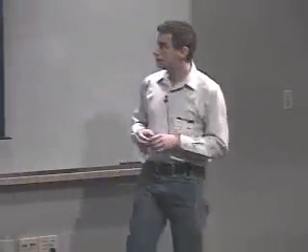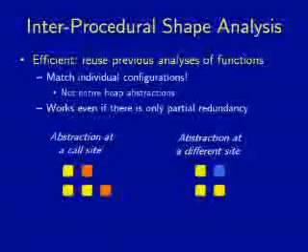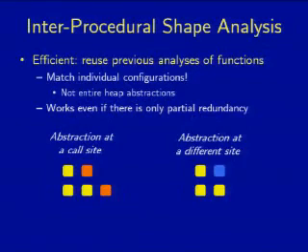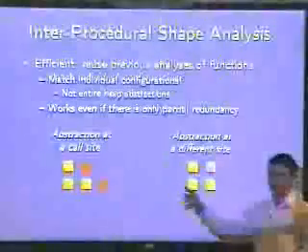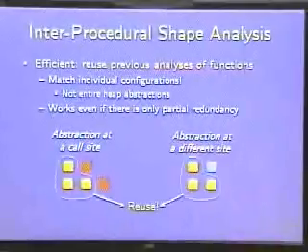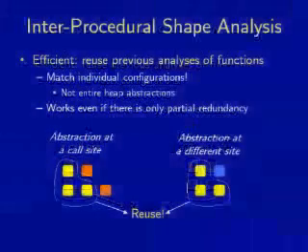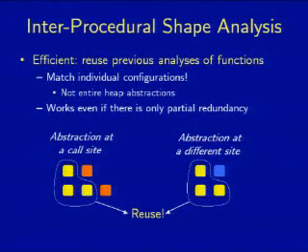Moreover, this works also if you have just partial redundancy. So assume that I have a call site where I have here 5 locations on the left, and I run into another call site that has 4 locations. And let's say that I manage to map 3 of them, these ones shown here in yellow, with ones from the previous site. What I can do is reuse all this work that I did before and just analyze the function for this new location that I got here.